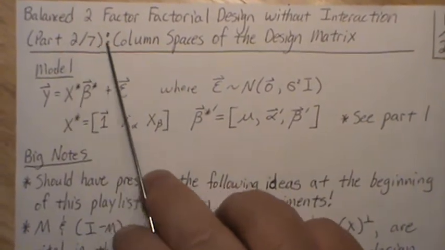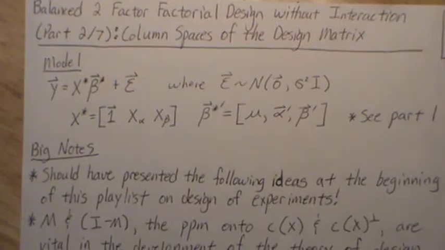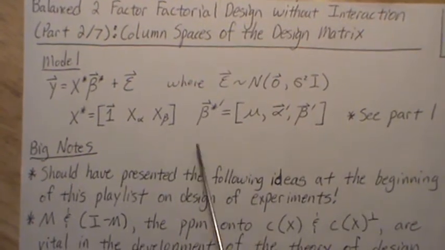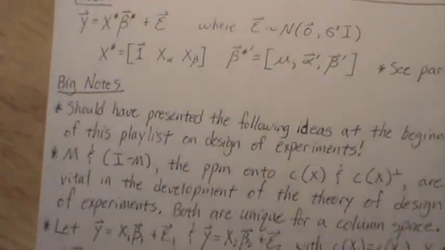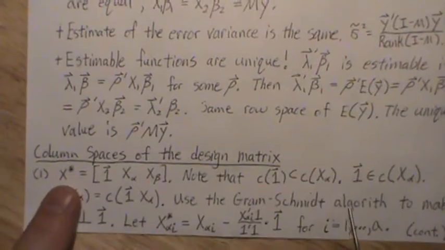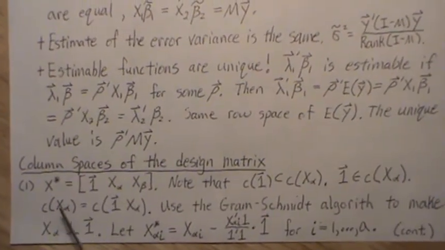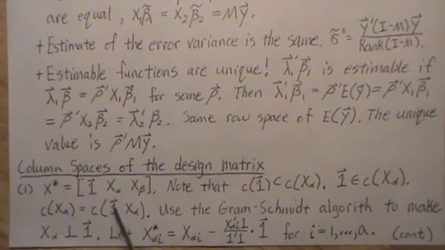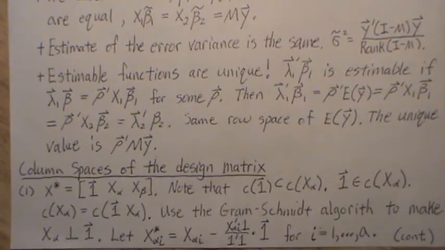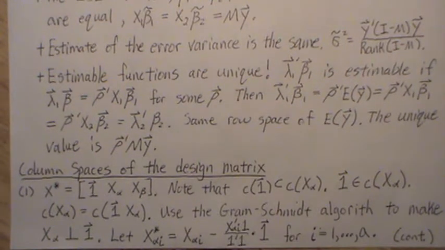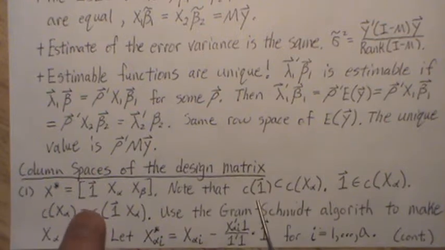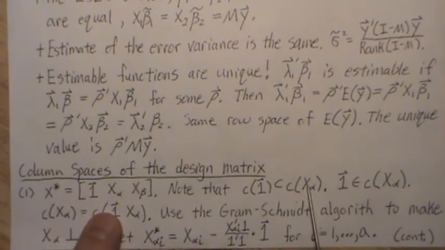So we're back in the balanced two-factor factorial design without interaction, and so this is our model. So now the column spaces of the design matrix are this. So X star is 1, X alpha, X beta, just as we set up there. Now note that the column space of 1 is a subspace of the column space of X alpha, right?